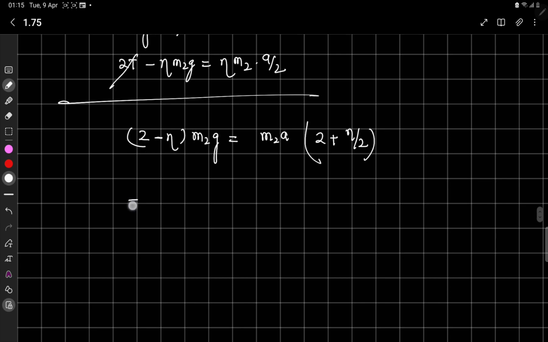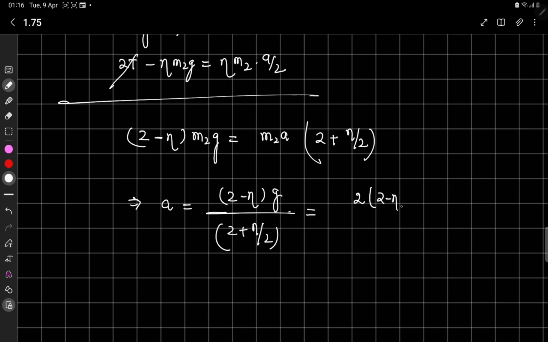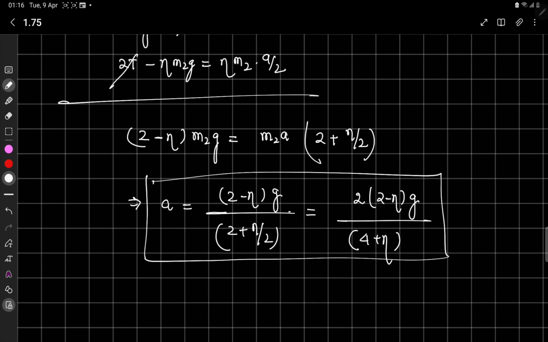So from here acceleration is equal to (2 minus eta) times g divided by (2 plus eta by 2). If we further simplify, we get 2 times (2 minus eta) into g divided by (4 plus eta). So this is the value of acceleration we have.